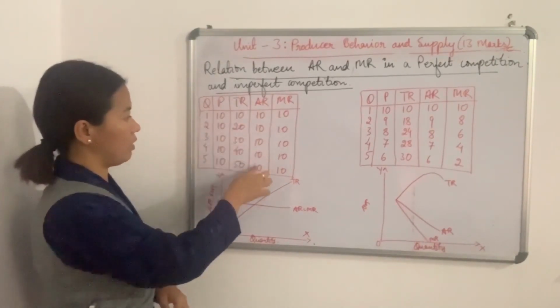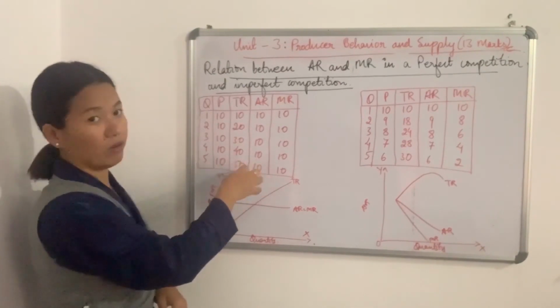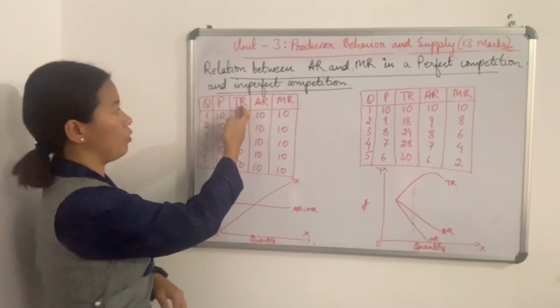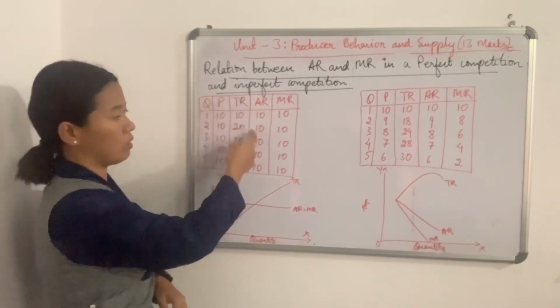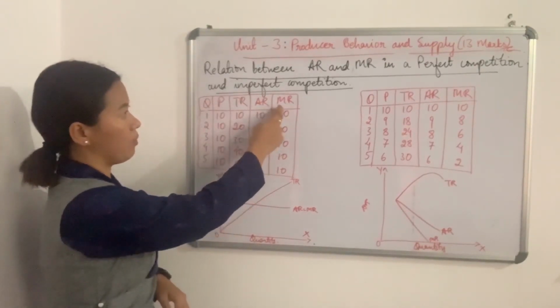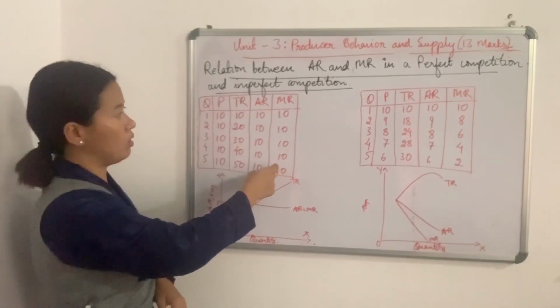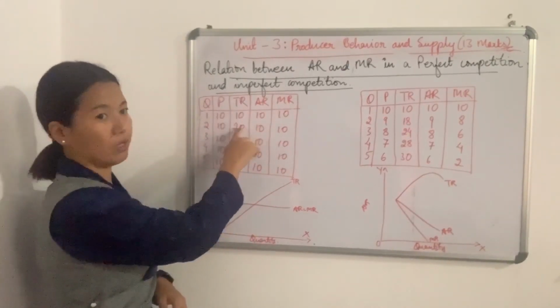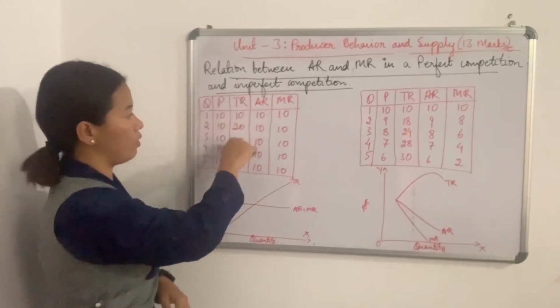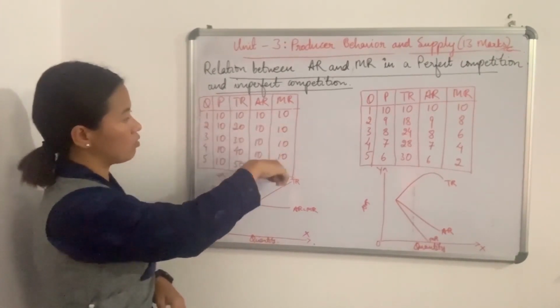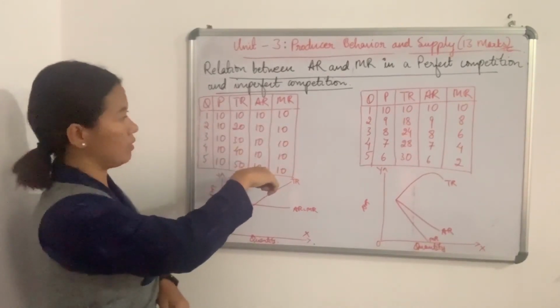So it is 10 and it remains the same, or average revenue can also be found using total revenue divided by quantity. So the answer would be the same. And marginal revenue is the change or additional revenue received in total revenue. The changes in total revenue are 10, 10, 10, 10. So the marginal revenue is also 10.